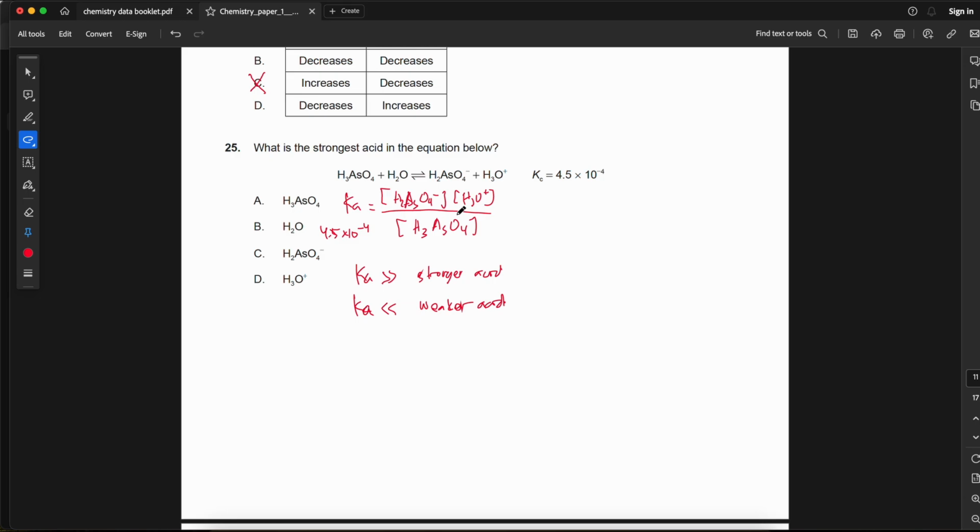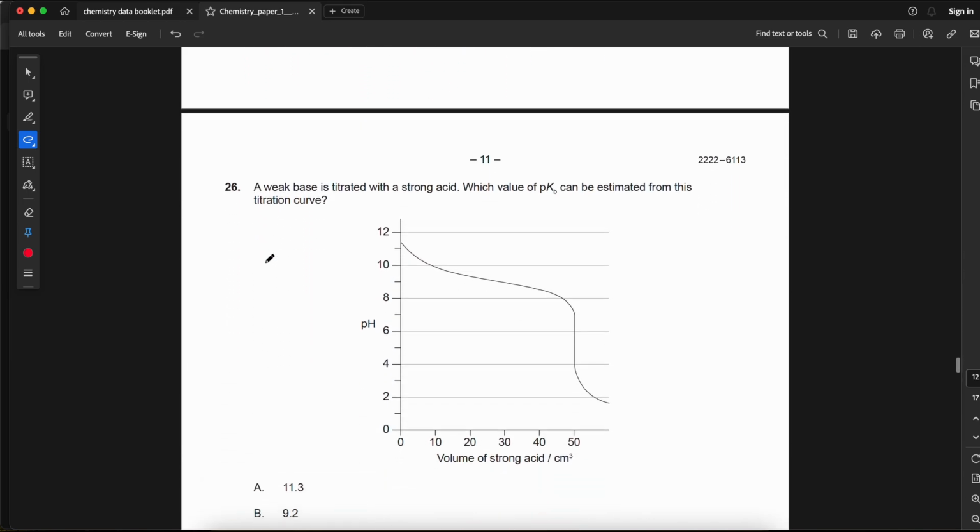In the equation, H3O plus is also produced in the dissociation of H3AsO4. Thus, H3O plus is the strongest acid.